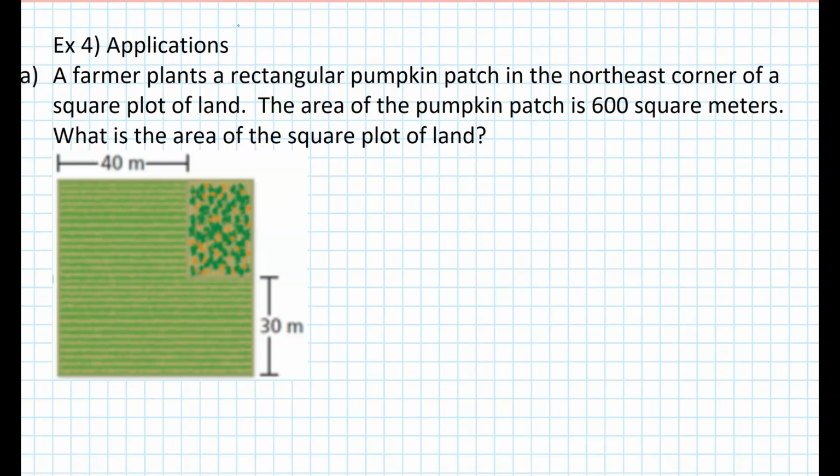Alrighty. So we have here a farmer who plants a rectangular patch in the northeast corner of a square plot of land. What is the important piece of that statement? Square plot of land. So that means this entire piece of land is a square. What do we know about squares? Four sides, and they are all equal.